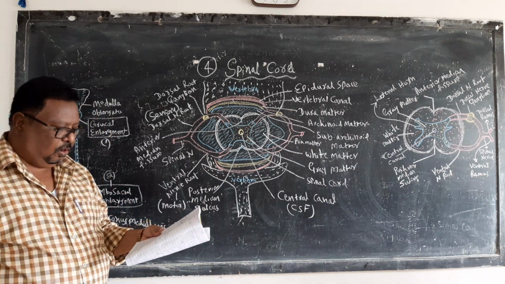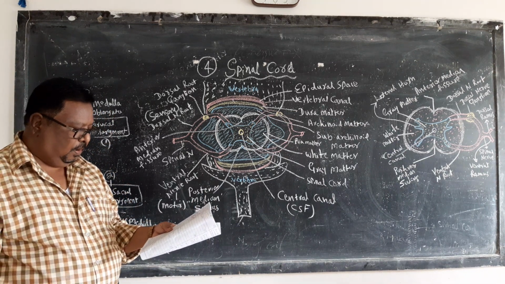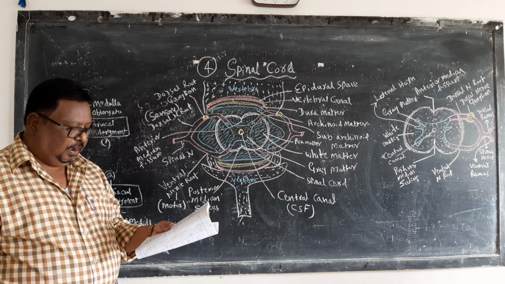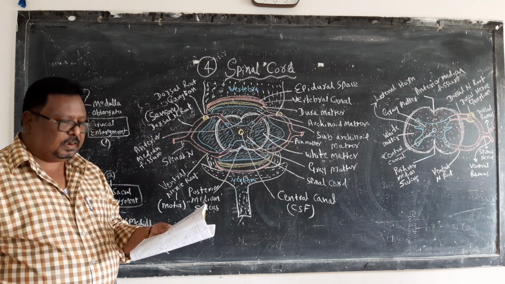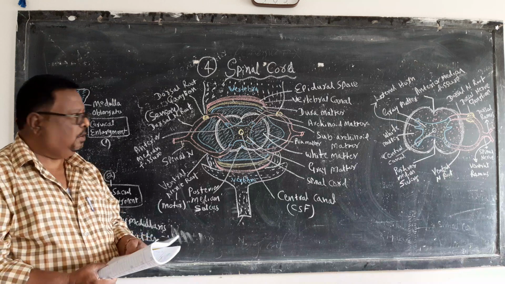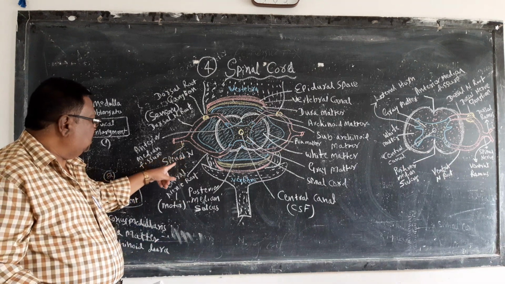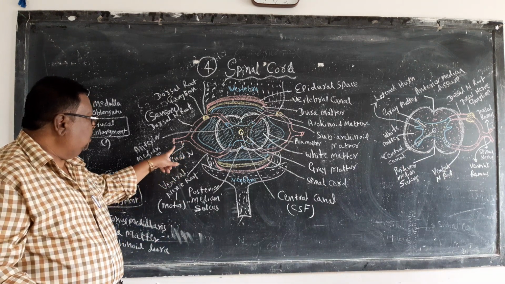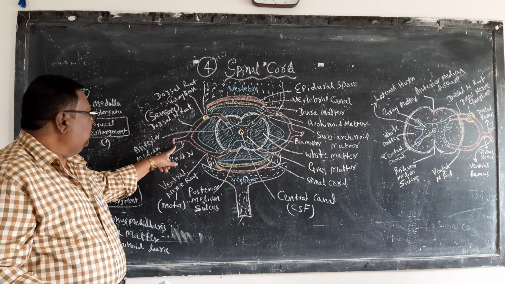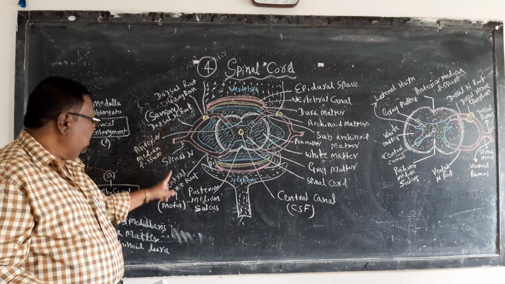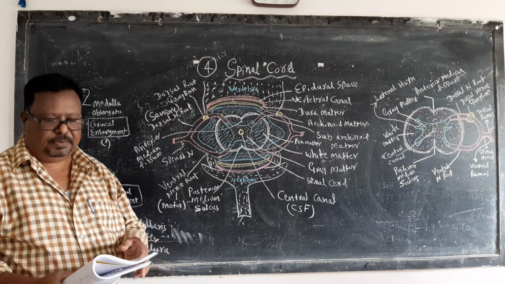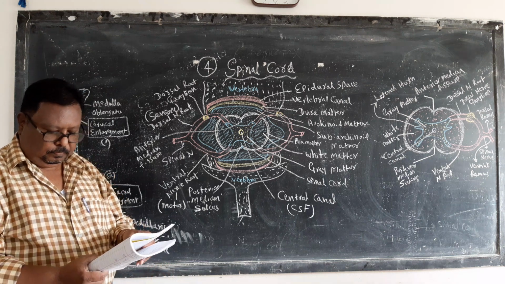Both the ventral and dorsal nerve roots are joined to form the spinal nerve which contains both motor and sensory fibers.